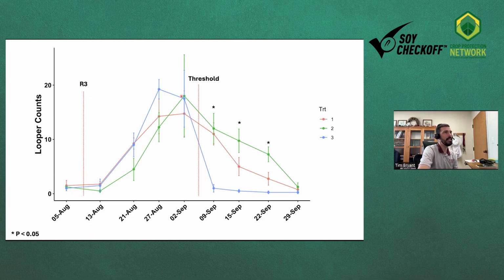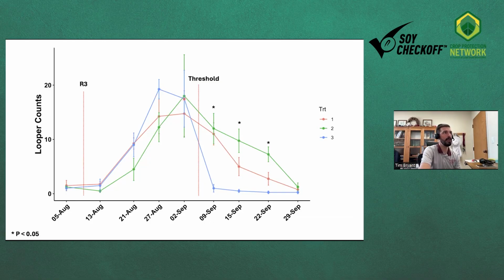But you can see they peaked here on September 2nd, and through the rest of the season, we actually had more soybean loopers in the plots that got that automatic application than we did in the untreated control. And one of the potential mechanisms of that is that we knocked out some of those beneficial insects. And then in our threshold treatment, the loopers peaked the highest of the three treatments.